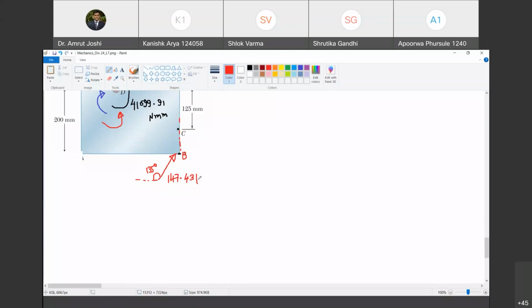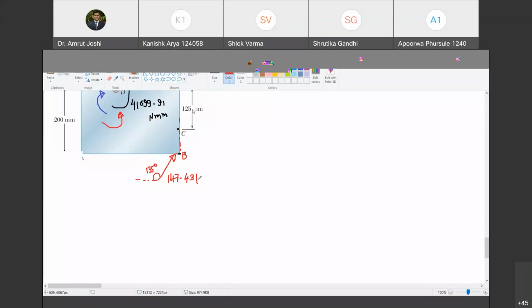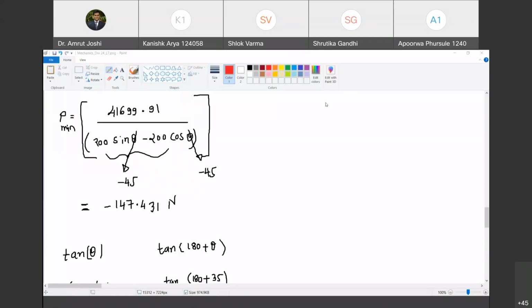This P value. Let me check what is the sign now. Am I audible? Yes, sir. Can you just cross verify this? Yes, it's negative.